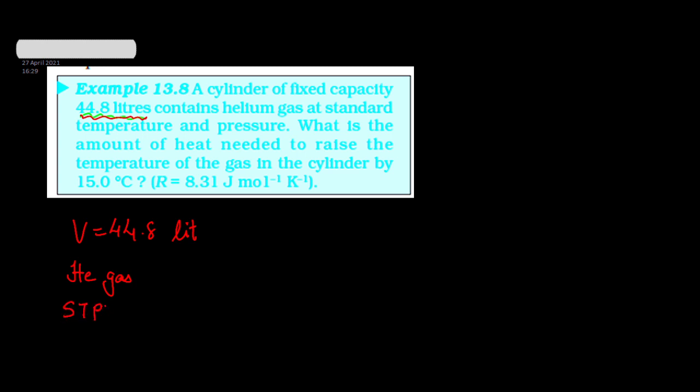Okay. Now the question is, what is the amount of heat required to raise the temperature of the gas by 15 degree Celsius. So we have to raise the temperature, that means delta T is given. Is that clear or not clear?